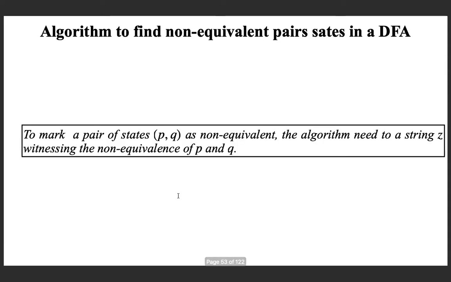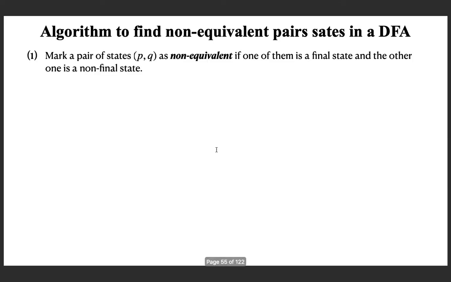Okay. Now, we can look at the algorithm. To mark a pair of states PQ as non-equivalent, the algorithm needs to find a string Z witnessing the non-equivalence of P and Q. So, this is the algorithm. Let us see what it is going to do.